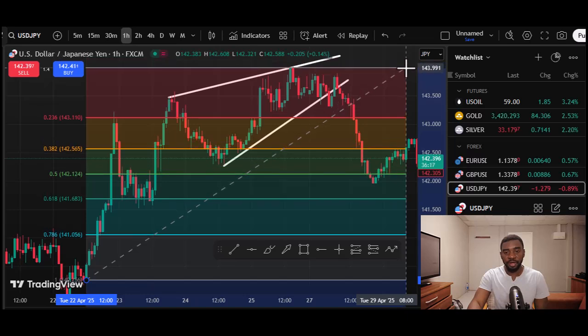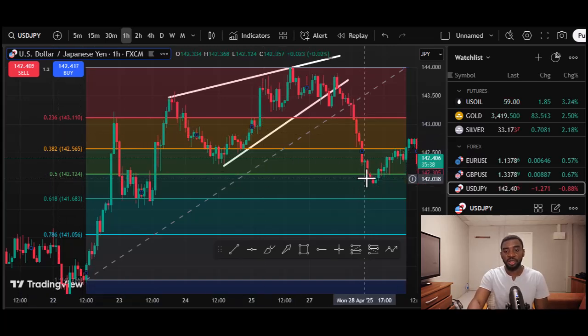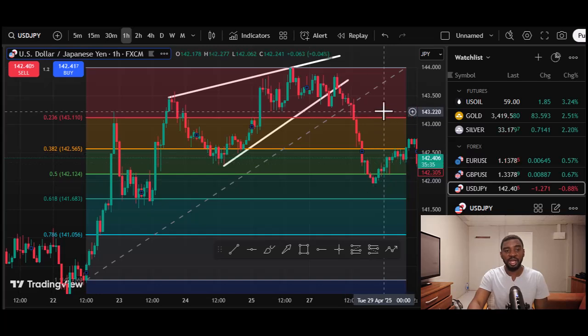You measure from the swing low to the swing high, then you mark the 50% retracement point as your final TP. You can take profit at the 38.2 Fibonacci retracement level, but your final take profit should be at 50%. The reason being that if you don't take profit at that point, the market might reverse against you.